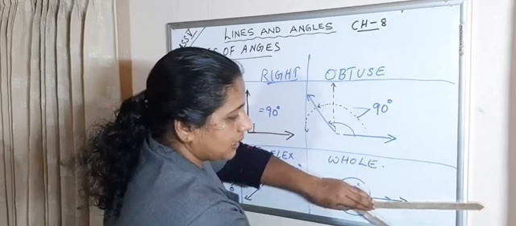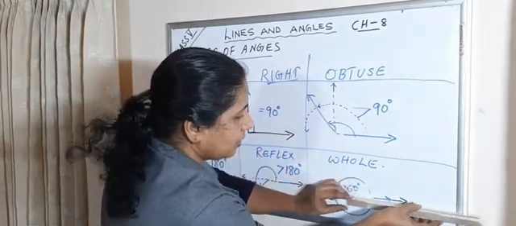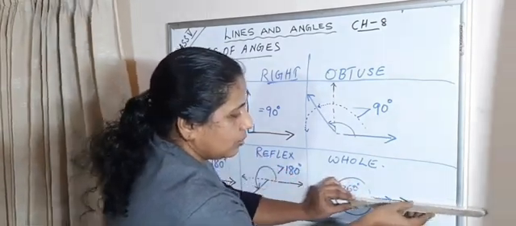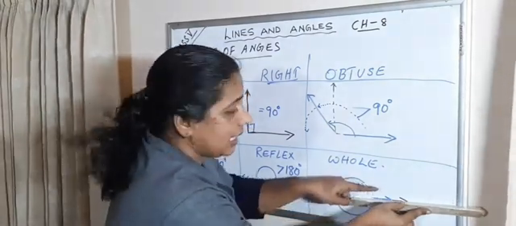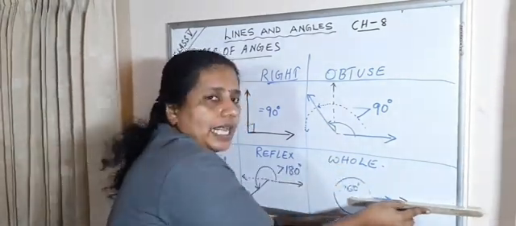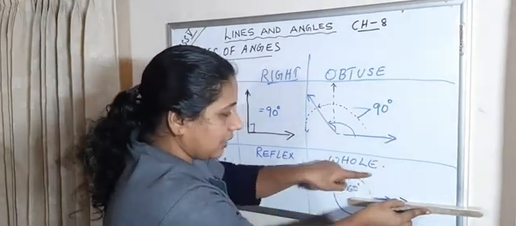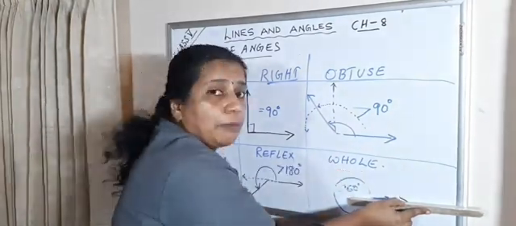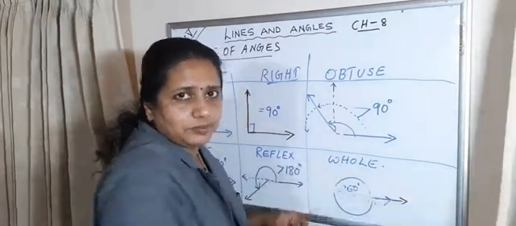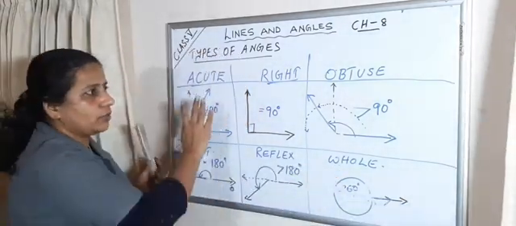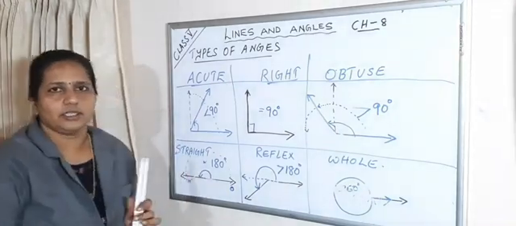When I keep the second arm and the first arm in the same direction, then I will get a complete angle. This is our vertex, and we will get a complete angle or whole angle. Clear? Okay, now take your notebook and draw it in your notebook.